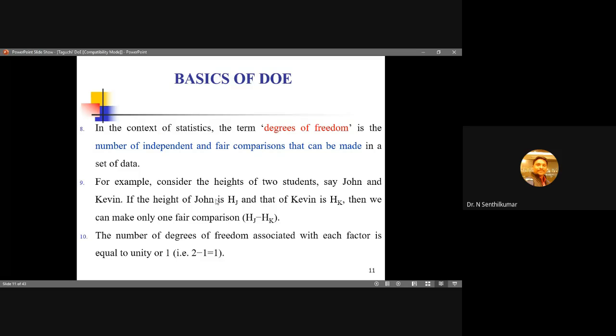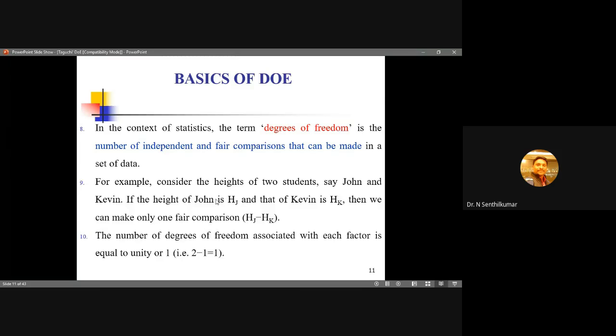Right? I will put it in other words. Cutting speed, I am going to consider 3 level values. Level 1, level 2, level 3. So how many fair comparisons can be made between A and B, B and C? So that is the comparisons that can be made. A and C cannot be made.